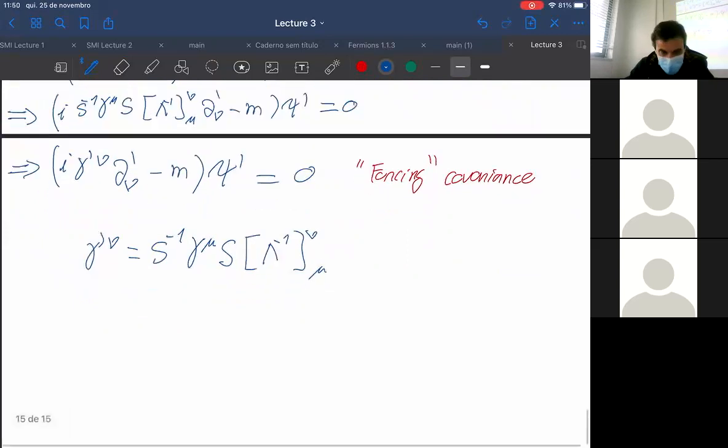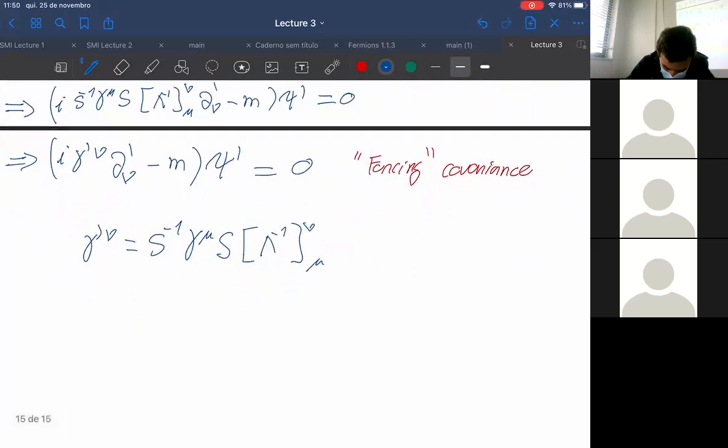Or we can also write this in components, using indices explicitly.